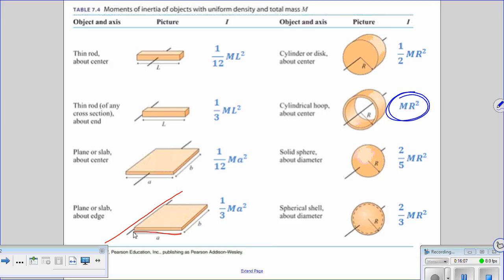So the farther your mass is from your pivot point, your axis of rotation, the more rotational inertia it'll have. Good? Questions about this? This is all really intimidating right now. I think once we start doing some problems, you'll be like, oh, that's not too bad.